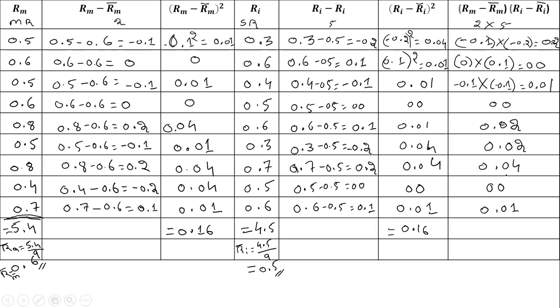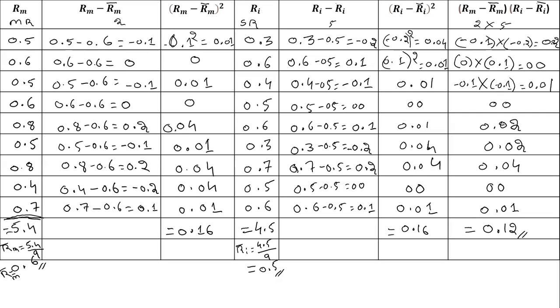So after multiplying column number 2 with column number 5, we have to sum it up. After adding all these values, we will get 0.12. So this is the sum of Rm minus R bar M into Ri minus R bar I. So we have calculated this.